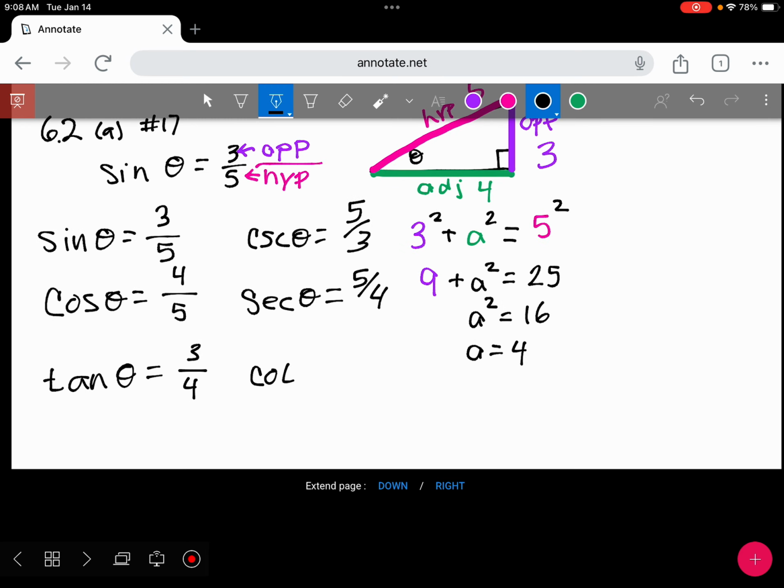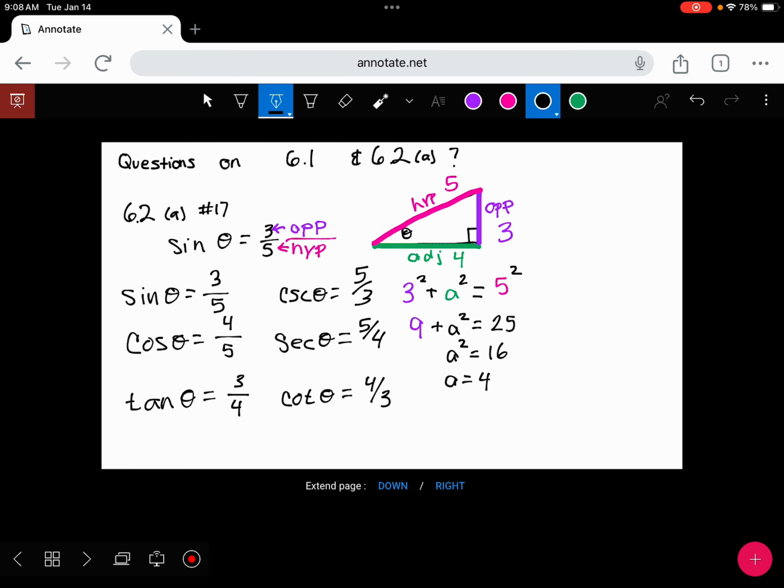And cotangent is what? 4/3. Okay? So once we get our feet underneath us on these, they're not too awful. They're just really scary looking going into it.